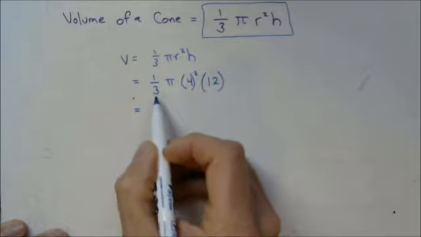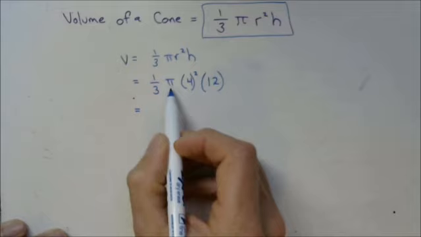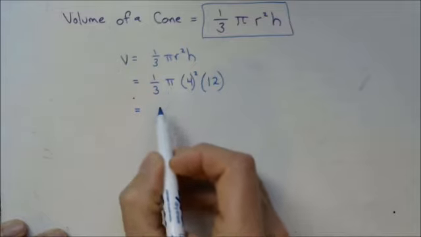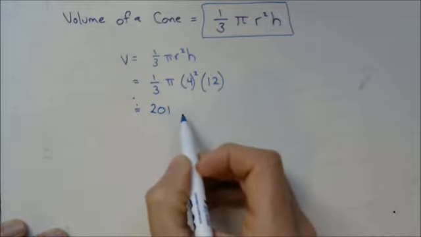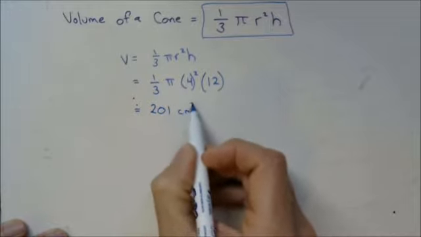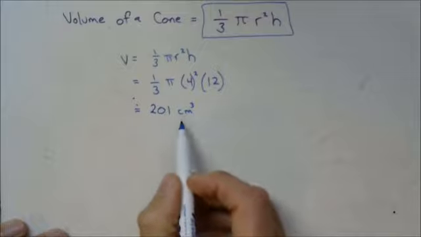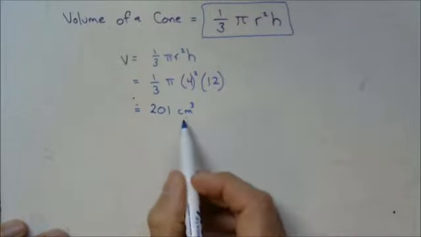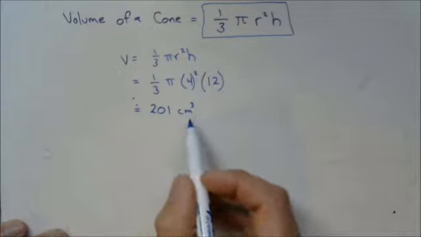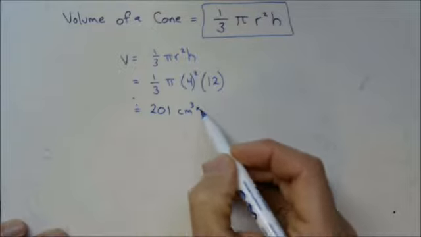And then you can divide by 3 and multiply by pi. So if you do this very carefully in your calculator, you'll end up with approximately 201 cubic centimeters. Make sure you don't forget the units. So if the lengths of radius and height are measured in centimeters, then we're working in centimeters, and because it's volume, it's cubic, okay?